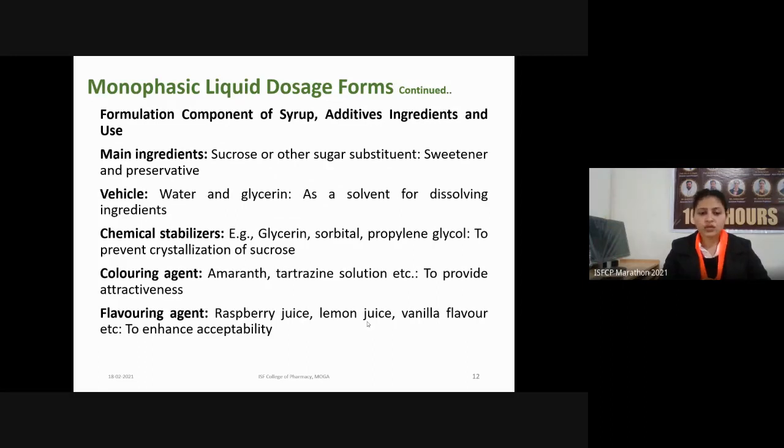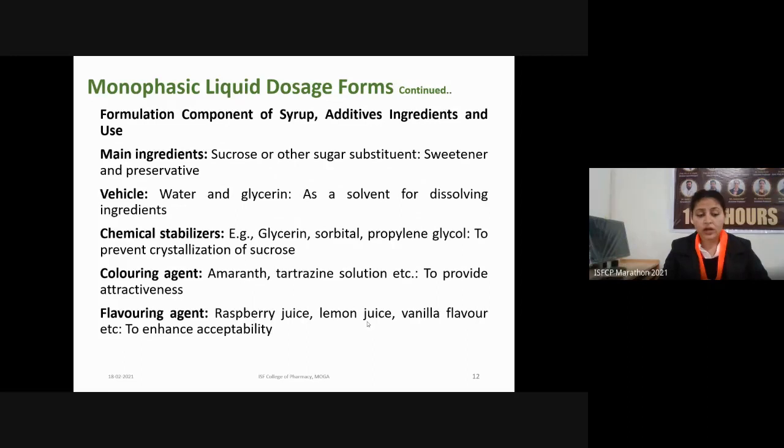And our next additive is flavoring agent. Why do we use flavoring agents? Suppose we have to take a drug which has a foul odor or a bitter taste. In that case, these flavoring agents are very helpful. Flavoring agents are of very different types. They can be of natural origin or of synthetic origin.